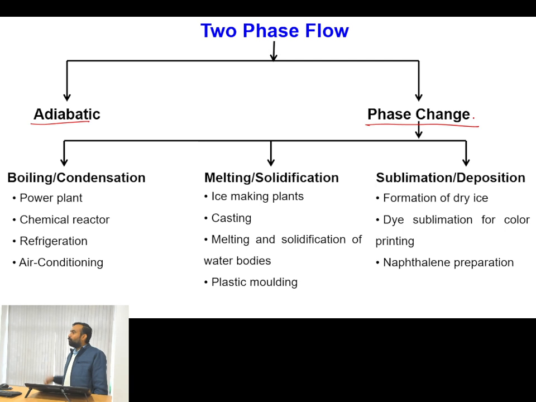For example, if I consider a pipeline, and in the pipeline my gaseous medium has the same temperature as the liquid medium, but the liquid and gas are co-flowing with each other, then we have a situation of two-phase flow where there is no heat transfer between the phases, and there is only momentum exchange between the two phases. So in the case of adiabatic two-phase flow, we only have momentum exchange across the interface.